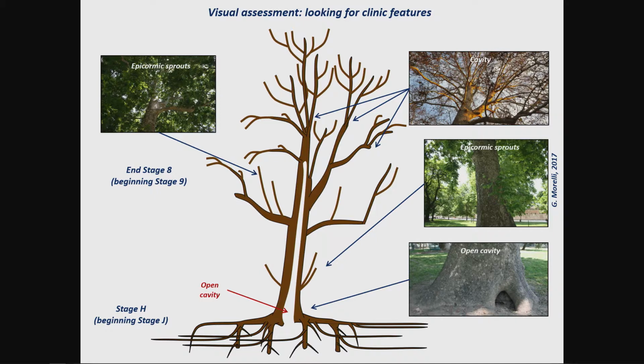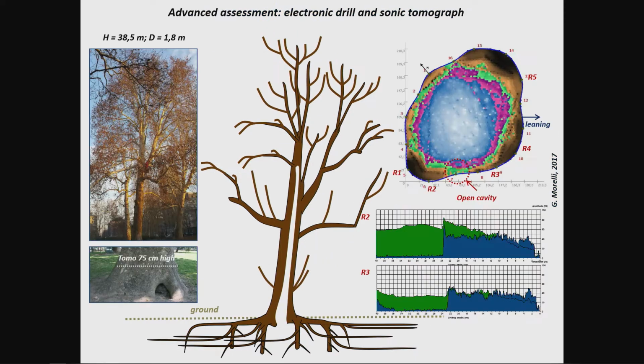And so, as we know that there is a strict relationship between the crown and the root system, we also can guess that it's at stage H. So we know taproots, secondary taproots, and many superficial roots. We could see epicormic sprouts, and it's a little bit bending.